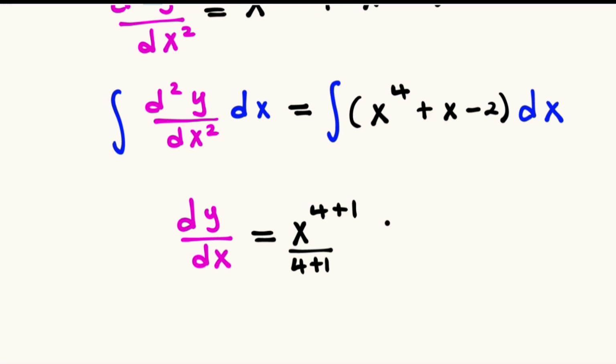The integral of x will be equal to x to the power 1 plus 1 divided by 1 plus 1, and the integral of negative 2 will be equal to negative 2x plus our constant c.